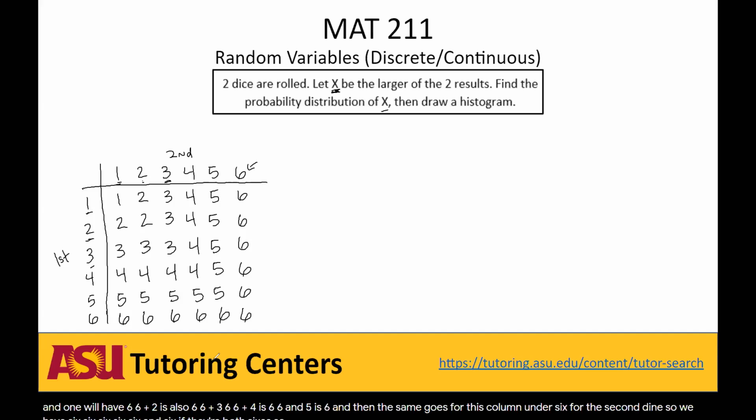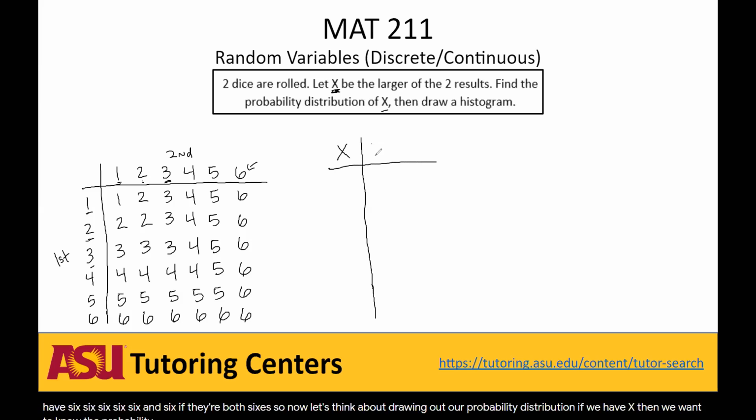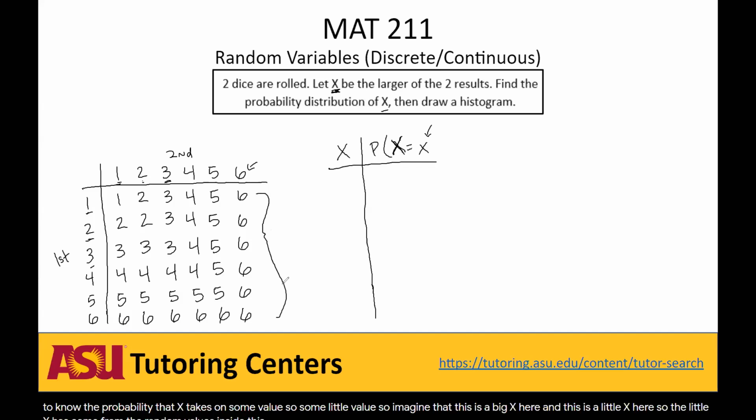So now let's think about drawing out our probability distribution. If we have X, then we want to know the probability that X takes on some value, so some little value. So imagine that this is a big X here and this is a little x here. So the little x's come from the random values inside this table.